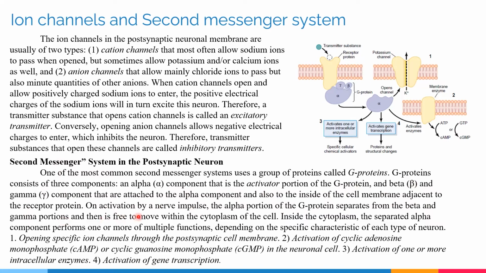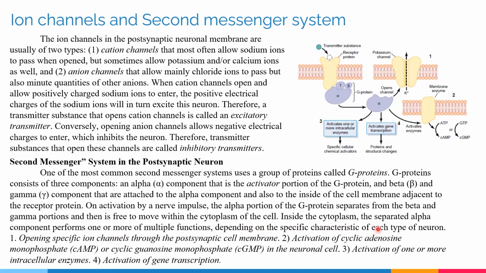On activation by a nerve impulse, the alpha portion of the G protein separates from the beta and gamma portions, which is shown right here in this schematic, and then is free to move within the cytoplasm of the cell.